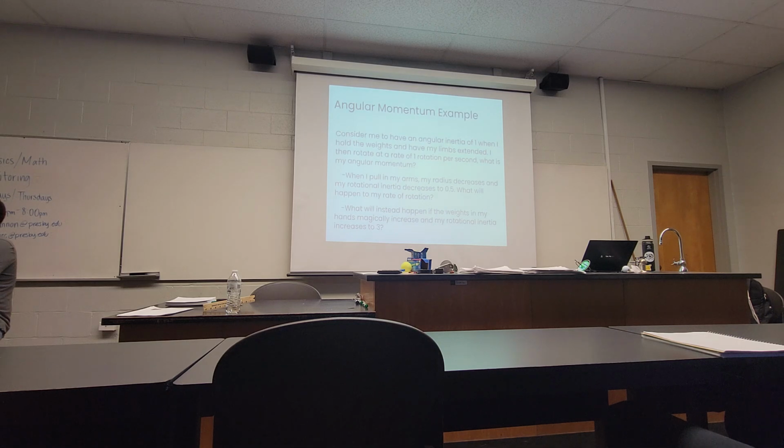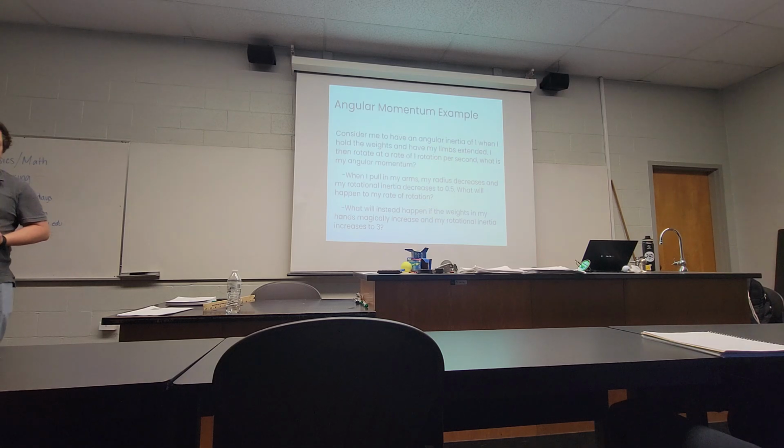Based on the concept of conservation of angular momentum, when I do this, when I cut my rotational inertia in half, what is going to mathematically happen to my angular velocity? Go double. Double, very good. So if I was previously spinning at 1 rotation per second, what would it become? 2, precisely.